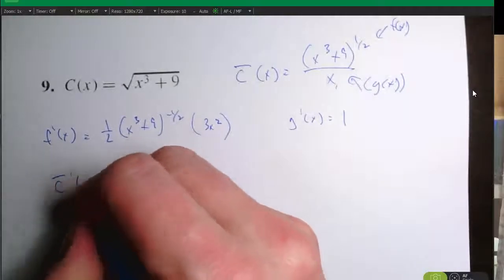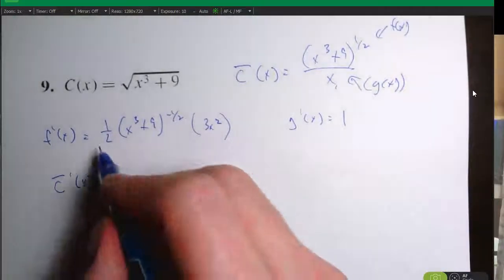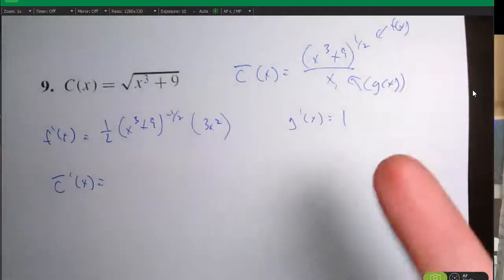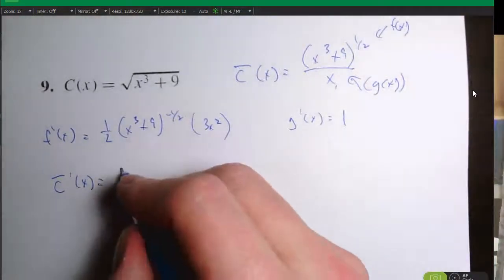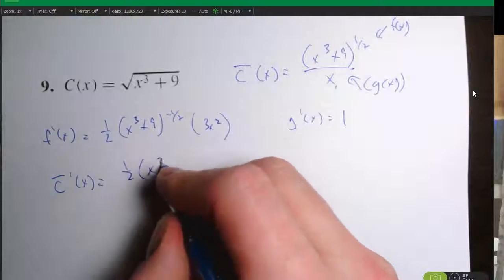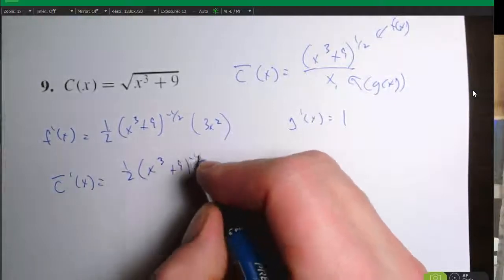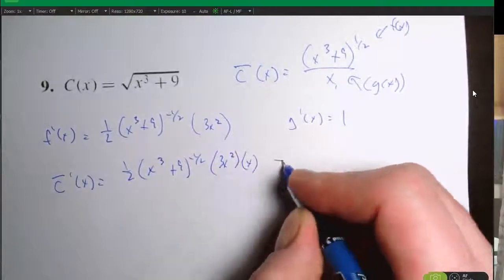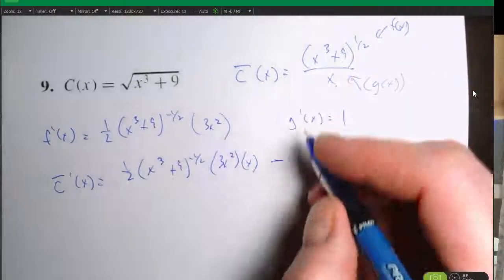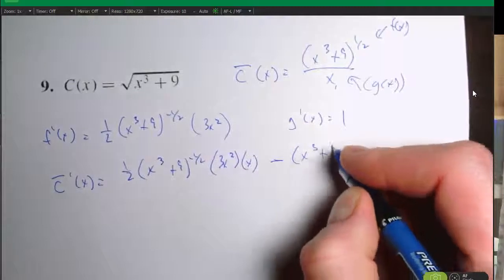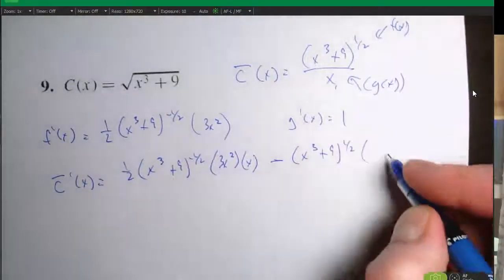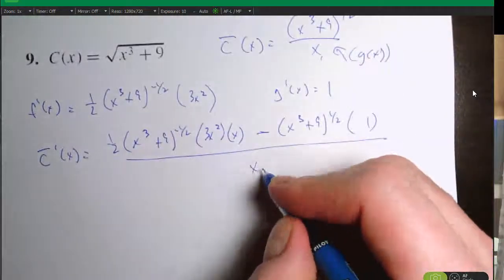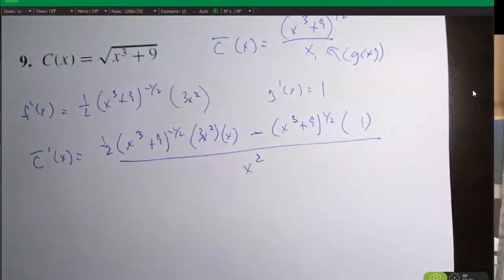So C bar prime of x is going to be this guy times x, which there's not really much we can do. It's just going to be ugly. 1/2 times x cubed plus 9 to the negative 1/2 times 3x squared times x, minus this times the derivative of the bottom, which is 1, so times the 1, and then over the bottom squared, which is x squared.